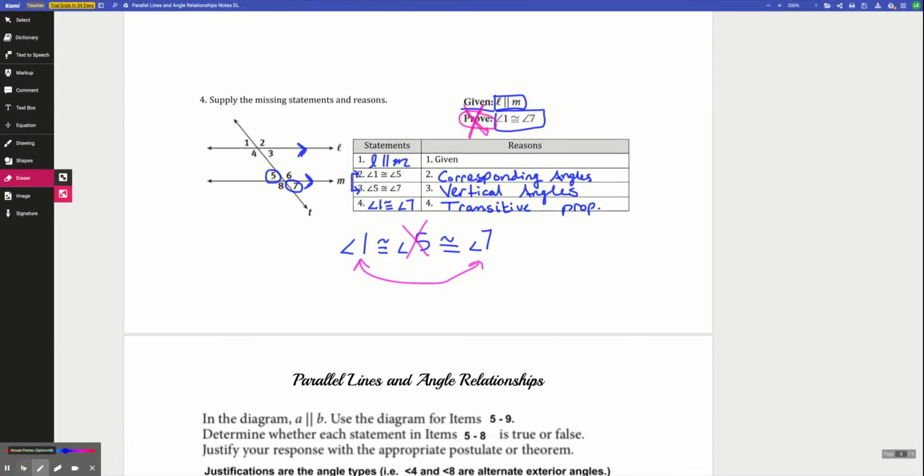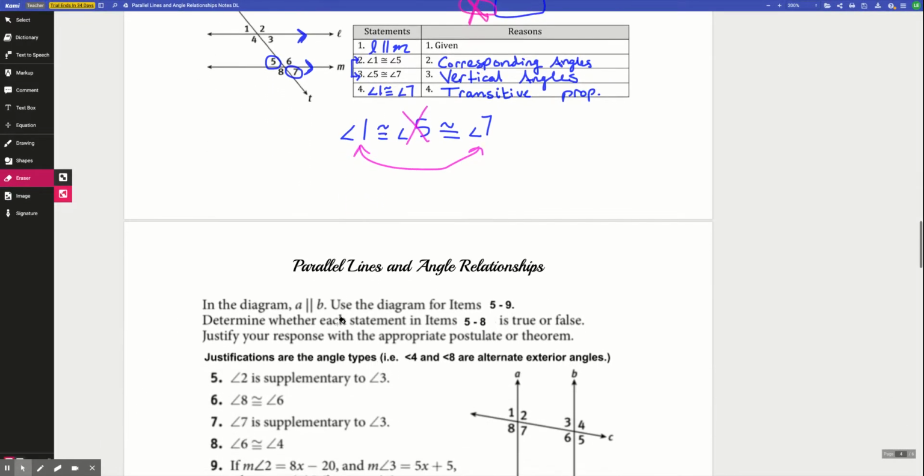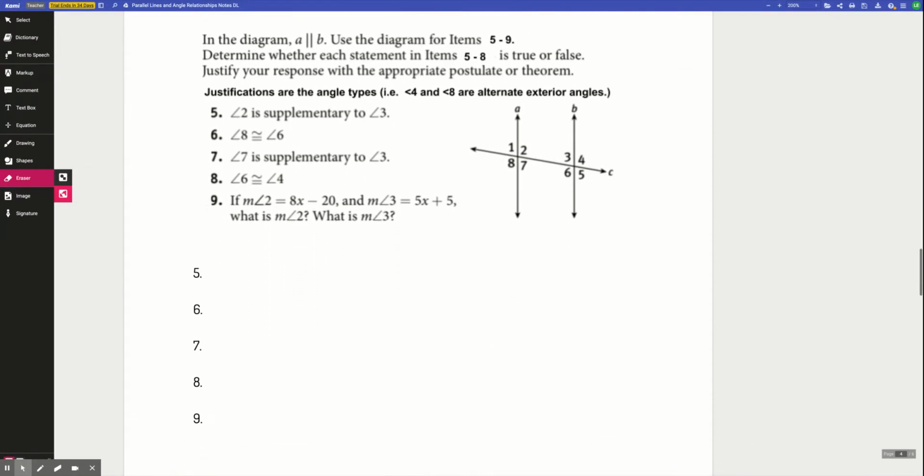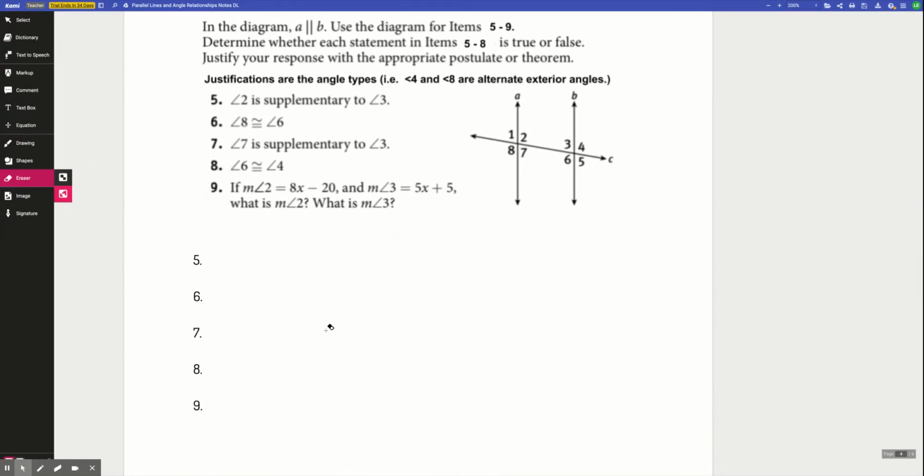All right, so I'm going to scroll here and take a look at these last couple of problems in this video. Problems 5, 6, 7, and 8 give you some statements, and you have to say whether those statements are true or false.